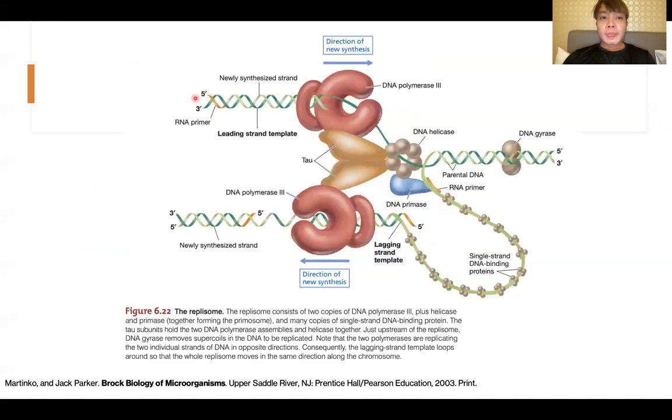Okay? So, ang synthesis, of course, 5 going to 3. So yung 3 part, yung hydroxyl part, continuous yung masisynthesize. Like, lagay lang ng lagay yung DNA polymerase ng DNA nucleotide.